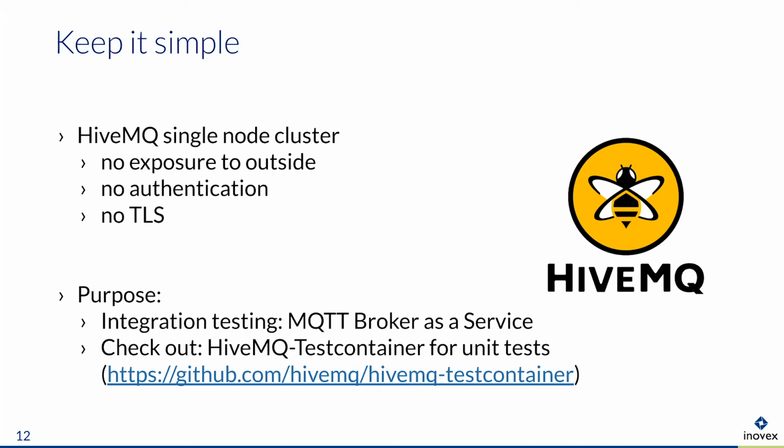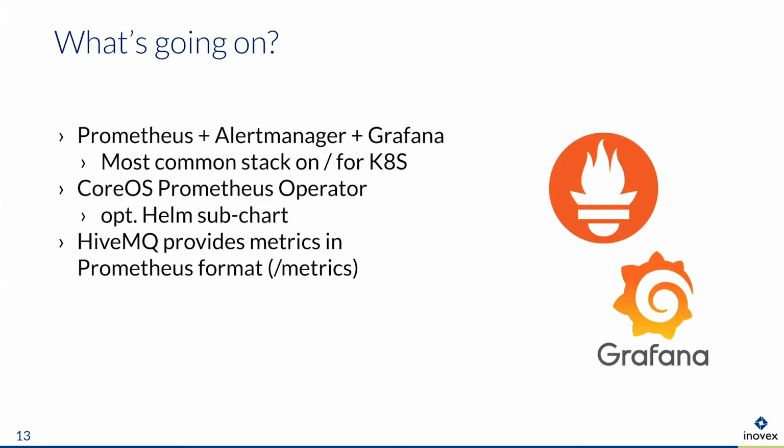Mind you, as a side note, to test your software against MQTT or the HiveMQ broker in particular, HiveMQ also provides a special test container, which contains the broker and the possibility to do unit tests. So you don't actually need that kind of single node broker for that case, just mentioning it. Then the next question we're going to answer, looking at the demo part, is what is actually going on.